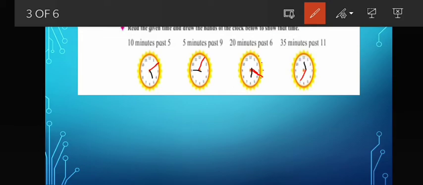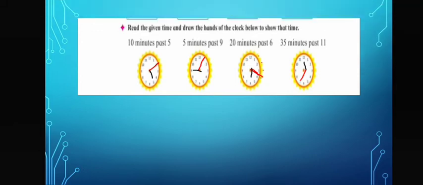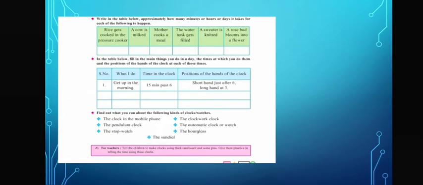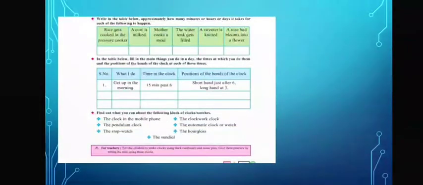Okay, I hope you have understood this. Now write in the table below approximately how many minutes or hours or days it will take for each of the following to happen.